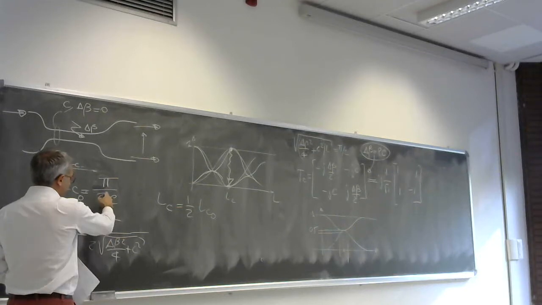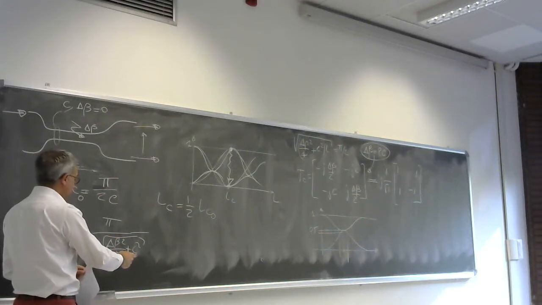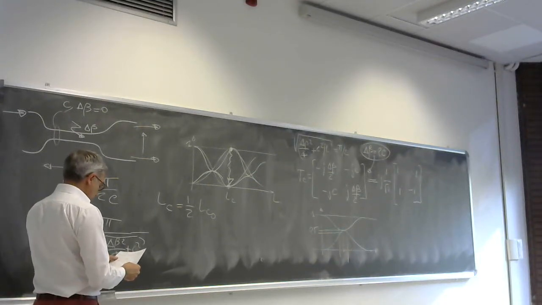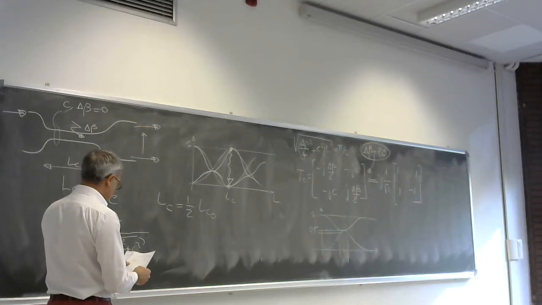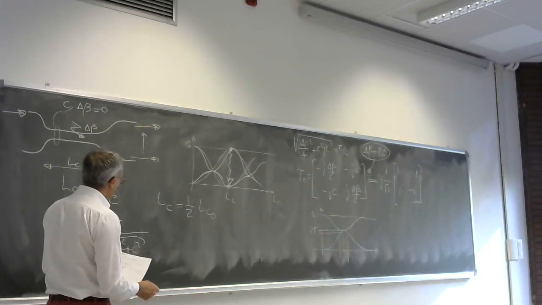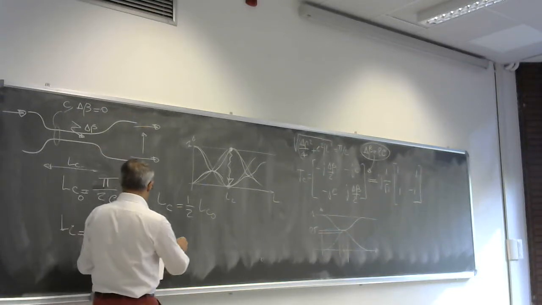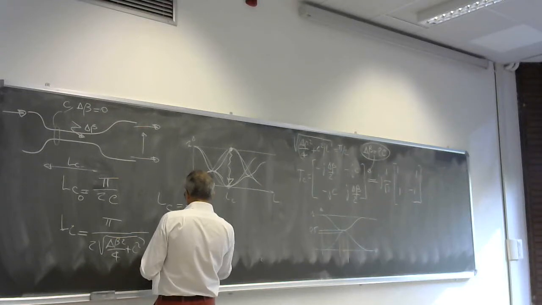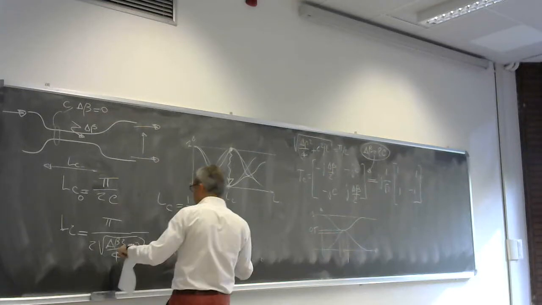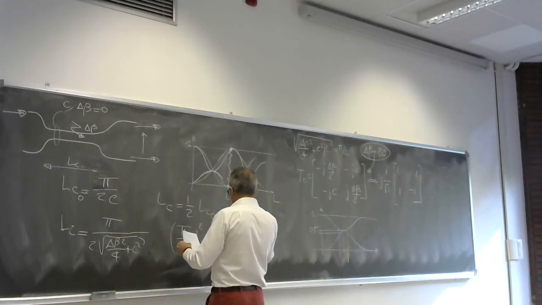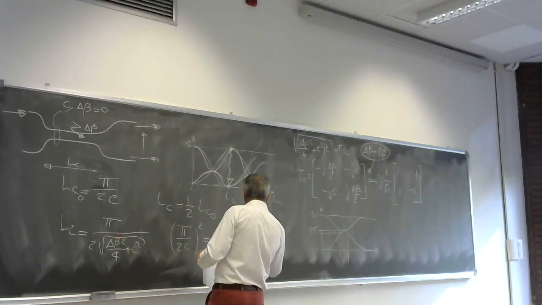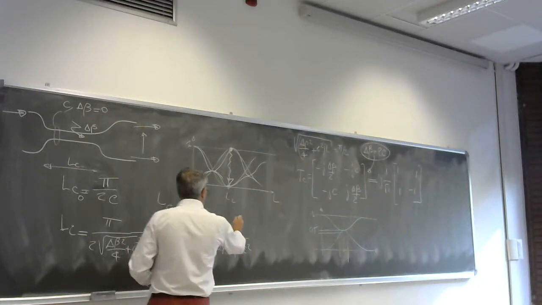So we have to compare the two, impose this condition, and what we get is pi divided by 2C, that is this one, equal to 1/2 of this. So it is pi divided by the square root of delta beta square divided by 4 plus C square.